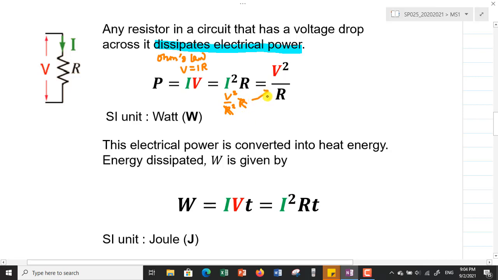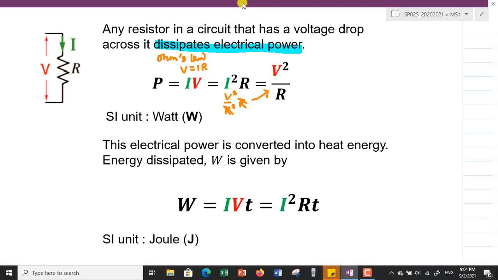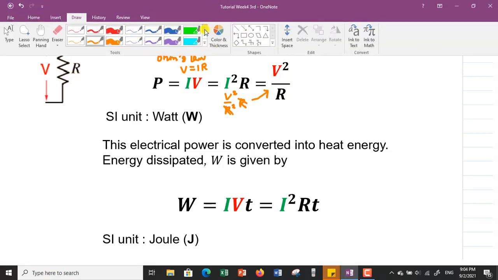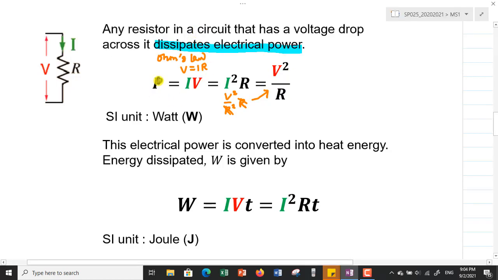So I'll get this one, V squared over R. So we are going to have three equations that we can use to calculate the power that dissipates through a resistor. Which one we want to use? It depends on the information given, whether you know about the current, voltage or resistor. So what is the SI unit for power? So SI unit for power is watt.